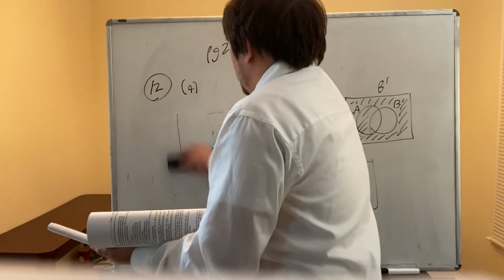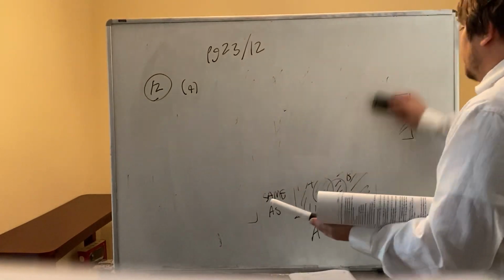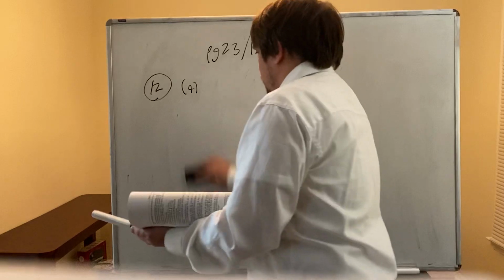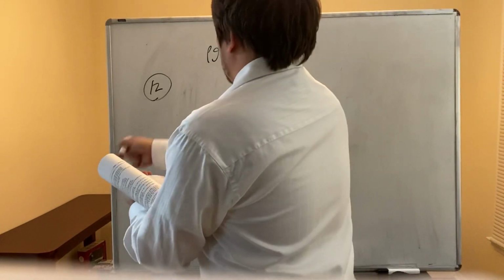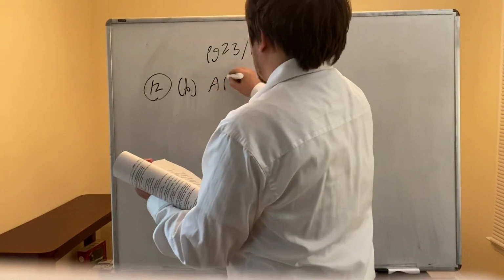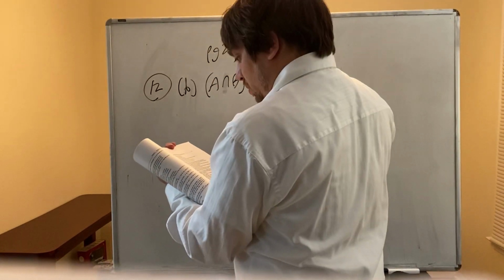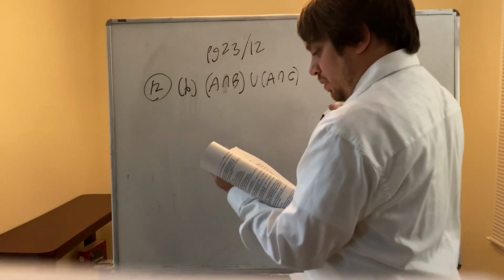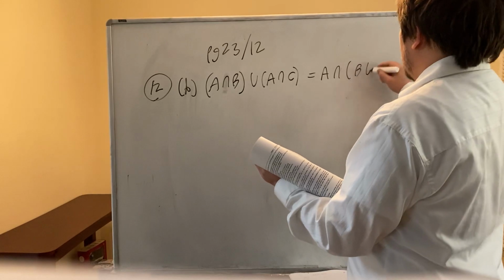All right, let's do 12B. So for 12B, it's A intersection B union A intersection C is equal to A intersection (B union C).